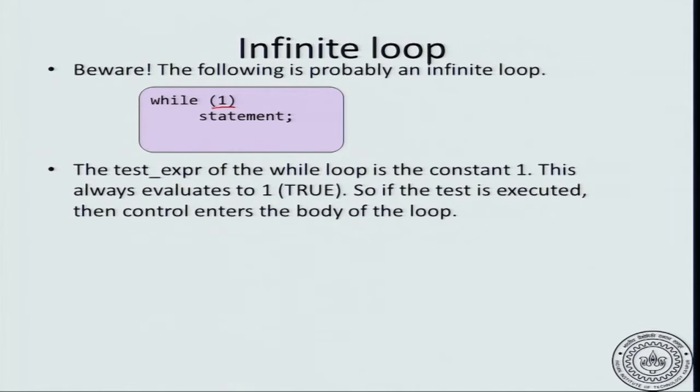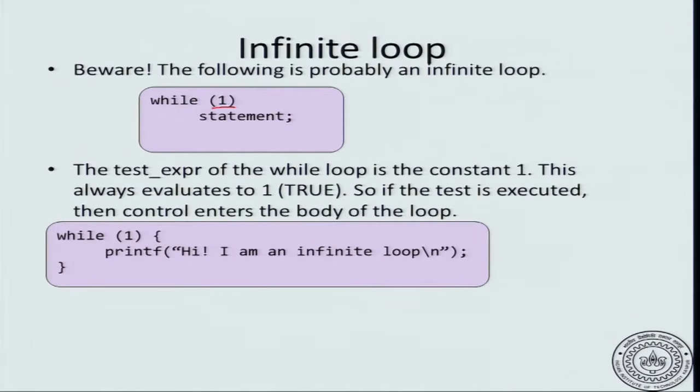If the test is executed, then the control enters the body of the loop, and this happens without any change. Let us look at this simple while loop, which is while 1, the statement is printf, "hi, I am an infinite loop".